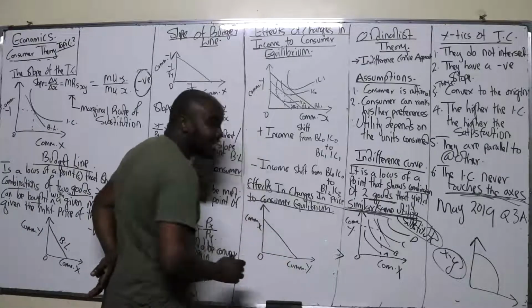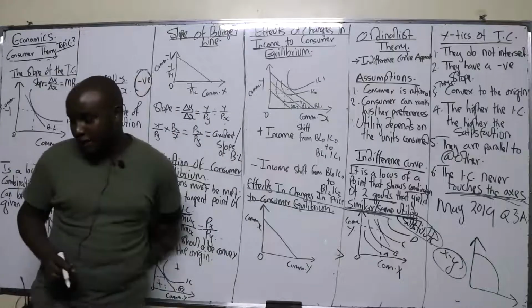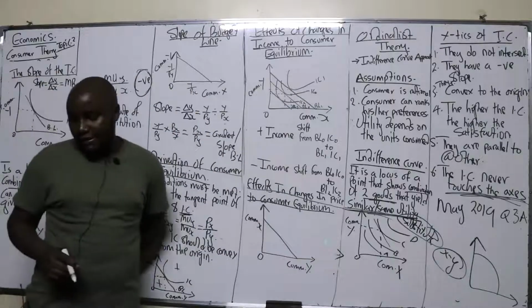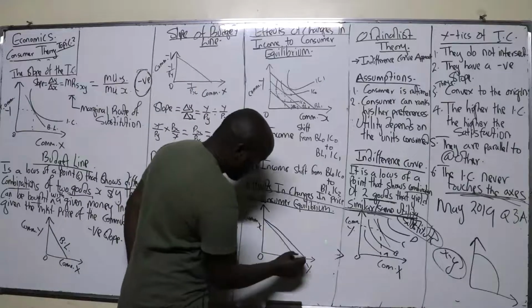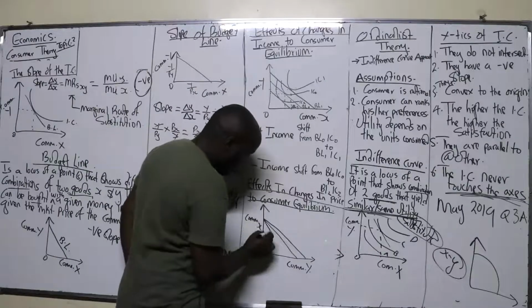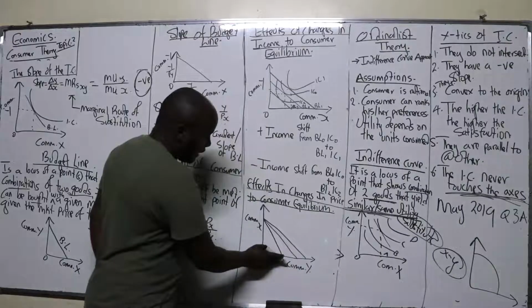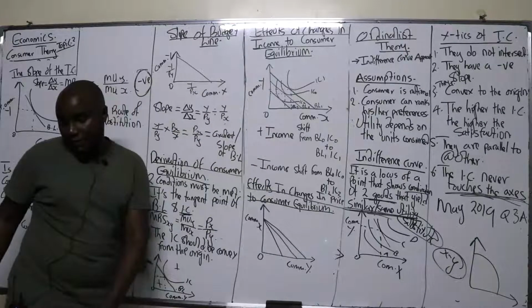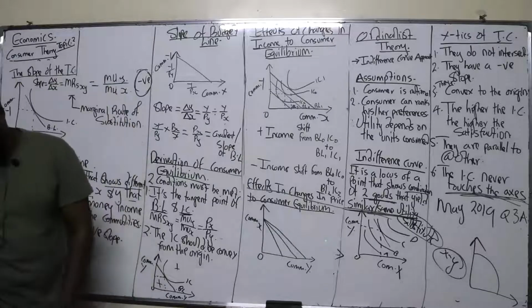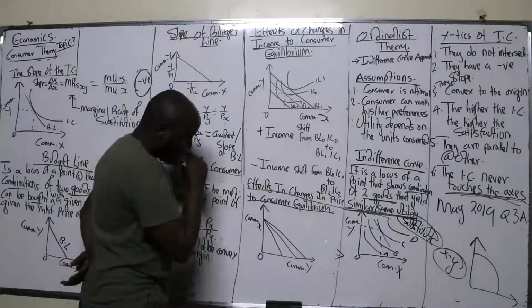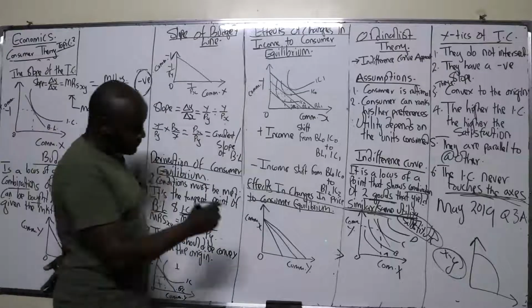There shall be a tilt. Right, together. There shall be a tilt into the budget line, assuming we have the issue to do with the price consumption curve.